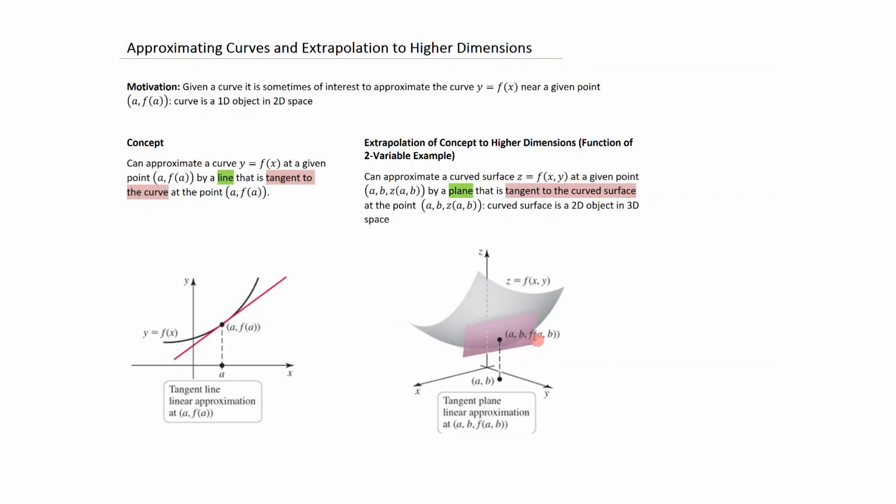That plane is this pink or purplish colored object. It has an orientation, but it just touches a point on the curved surface, which means it's tangential at that point. So this is what we're dealing with for a surface in 3D: planes touching surfaces. You can expand it to higher dimensions, however, it'll be extremely difficult to visualize what that would look like.